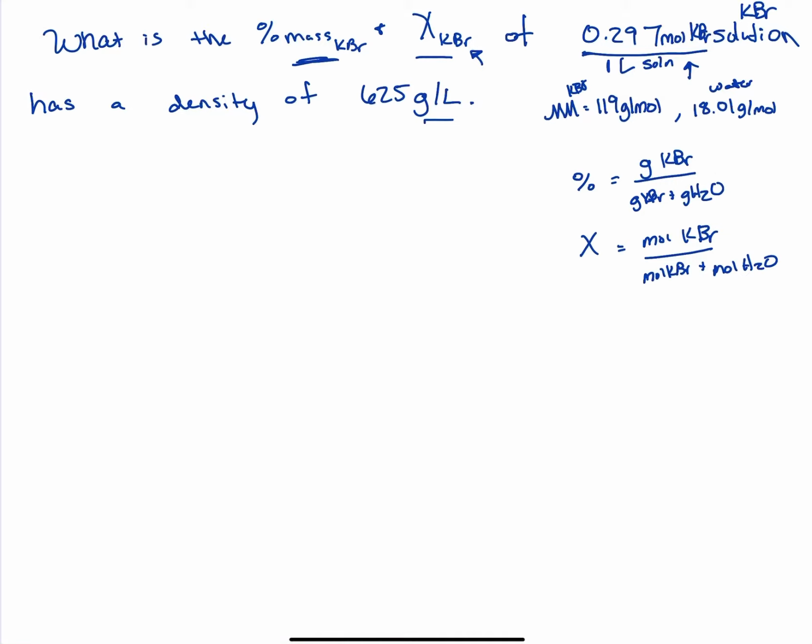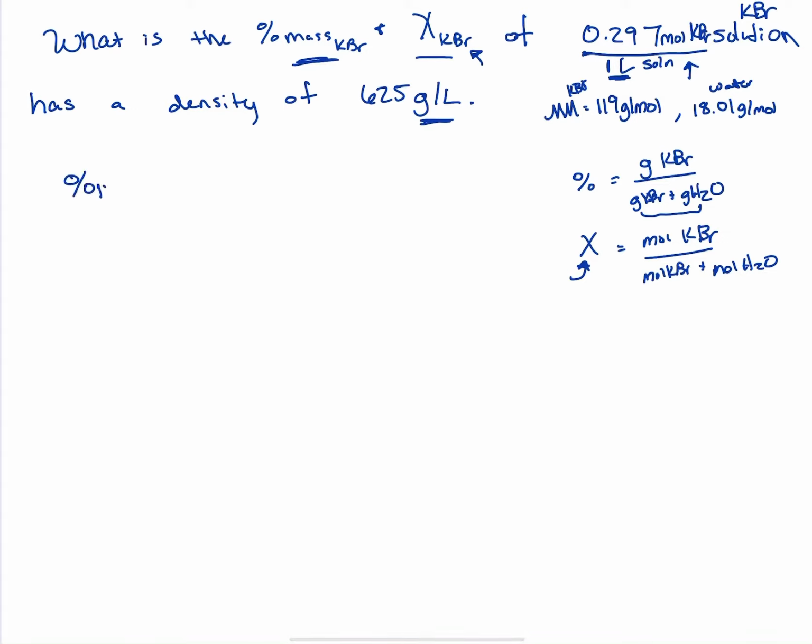So we actually know the top number in this one already, which is really helpful. And in this one, it wouldn't be too hard to get to grams of this total because we have the density. So I'm just going to do the percent one first because I happen to have listed it first.